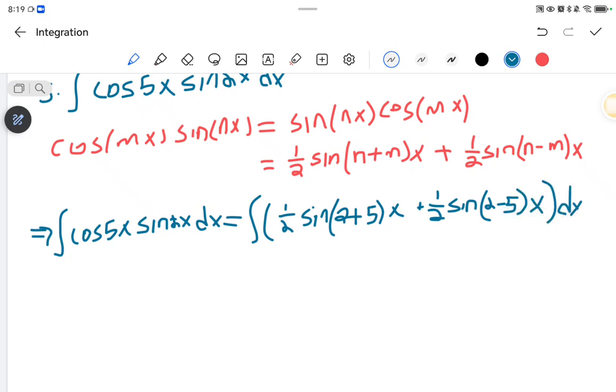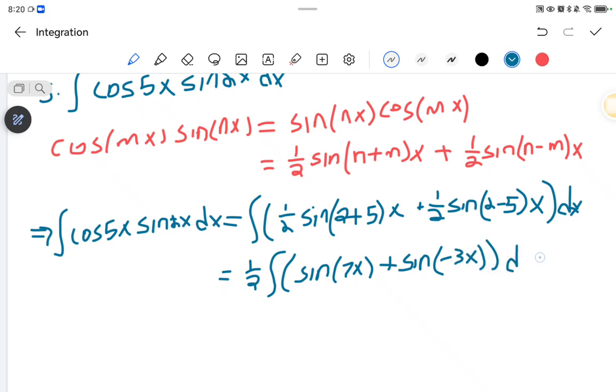You see, right? And then this will be equal, so I take out the 1 over 2 as a constant. So it will be sine of 7x plus sine of minus 3x dx.